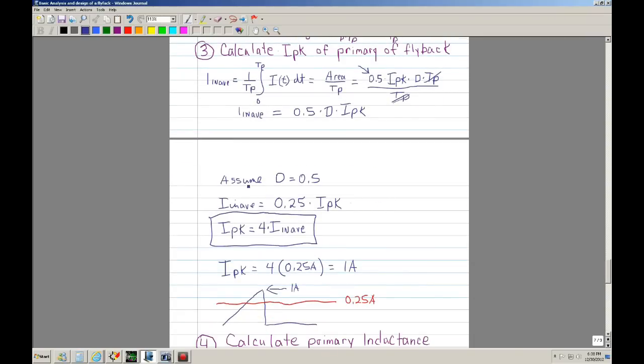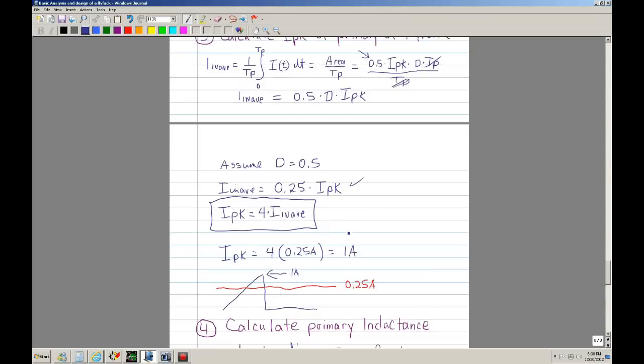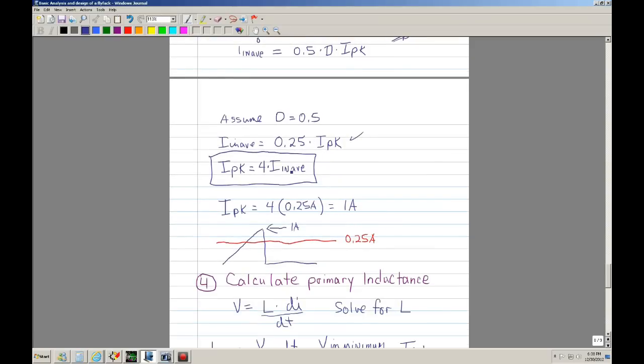Now we assume that D is 0.5. From this equation we get a second equation, and finally this relationship: if we know the average input current, all we need to do is multiply by 4 and we can calculate the peak current.